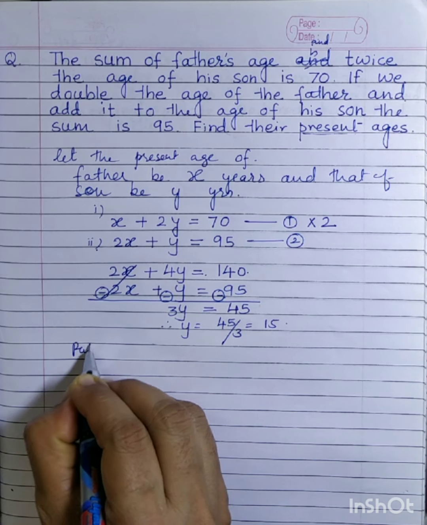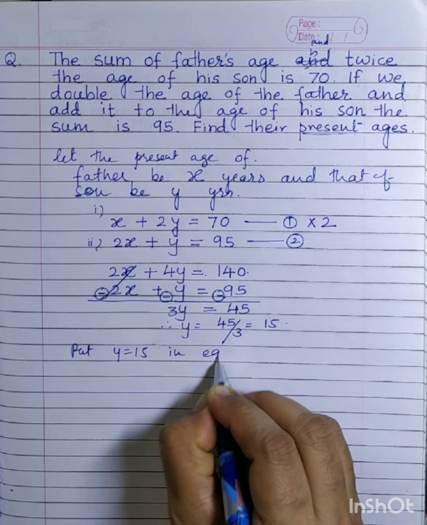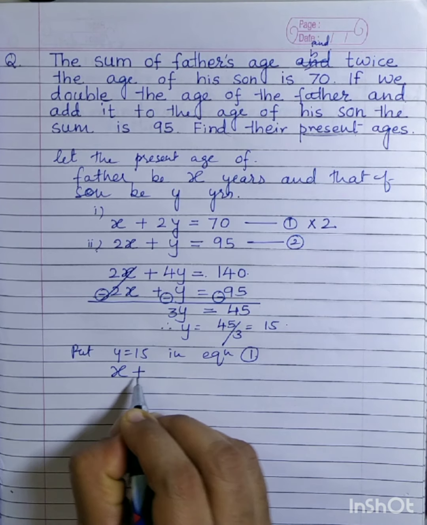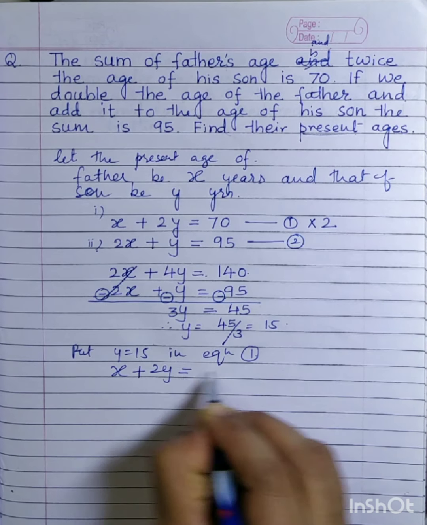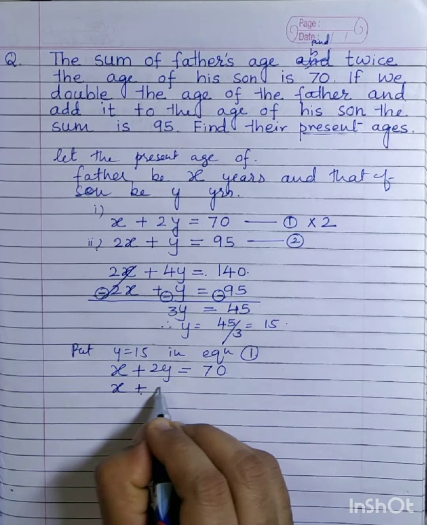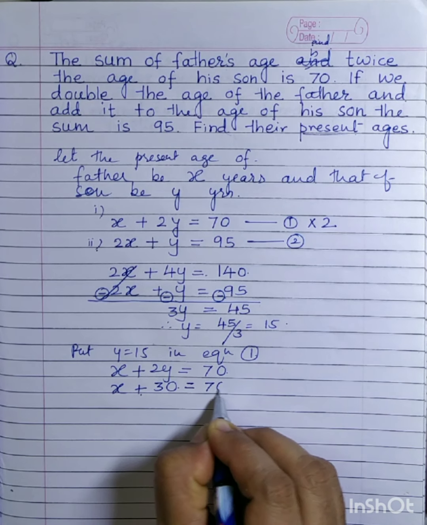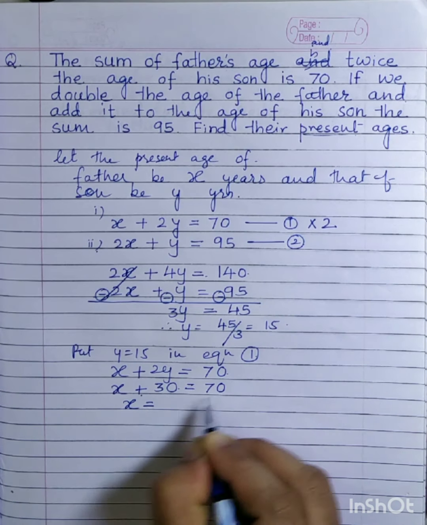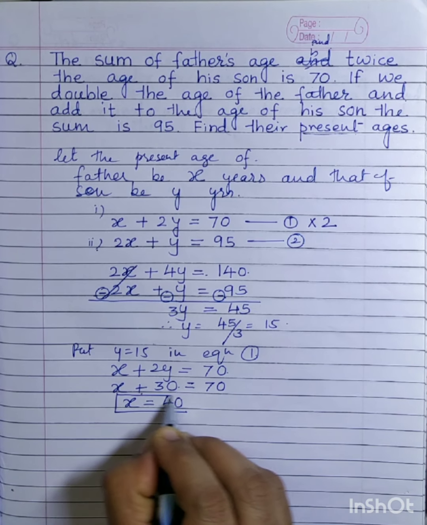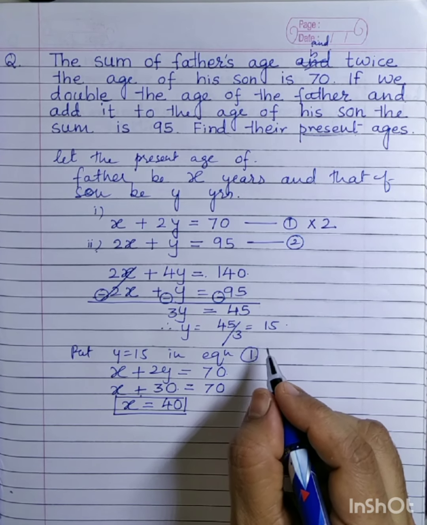Therefore y is equal to 45 upon 3, that is 15. Then you put y is equal to 15, say in equation 1. What is equation 1? X plus 2y equals 70. So x plus 15 twos are 30 equals 70. So x is equal to 70 minus 30, 40. Now remember, you have found the value of x and y, but actually what was asked?